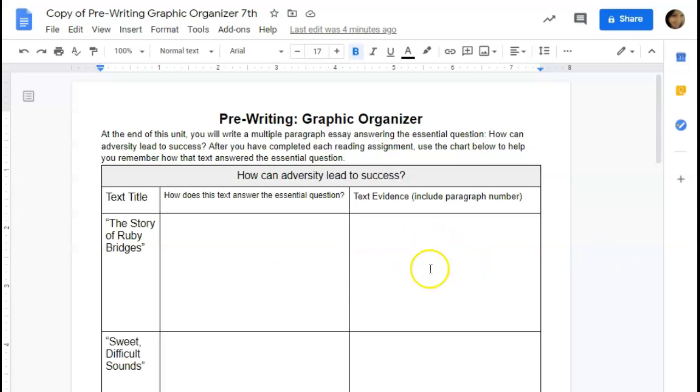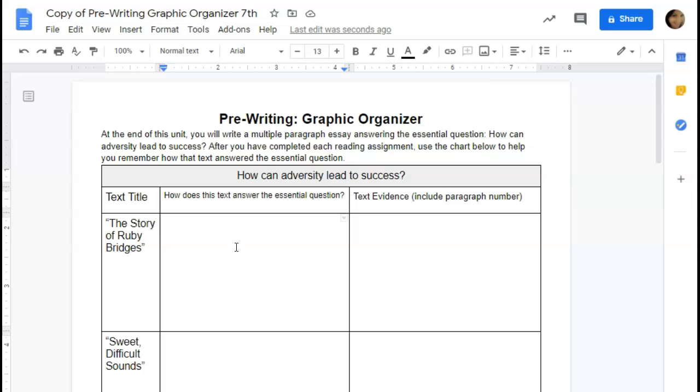Over here, we're going to have to put the text evidence. So that is a phrase from the text that proves what you say. So here you're going to write about how, in the story of Ruby Bridges, what happened to Ruby and how her resilience, how she persevered through her adversity. How did that adversity and all that hard times that she went through, how did it lead to success?